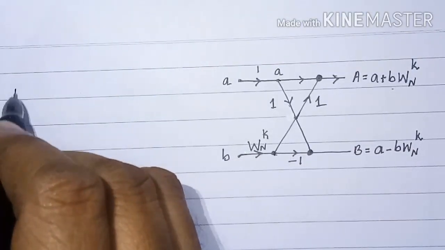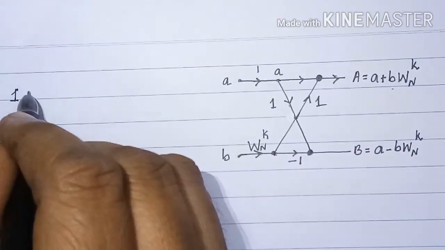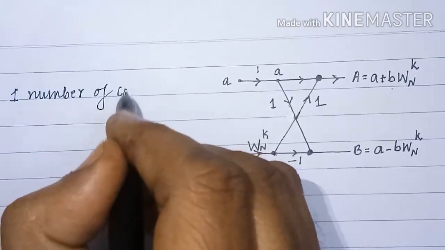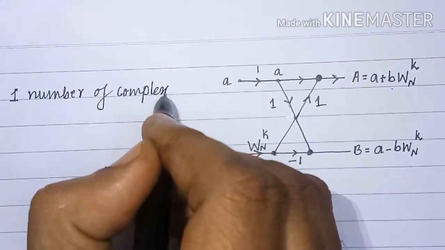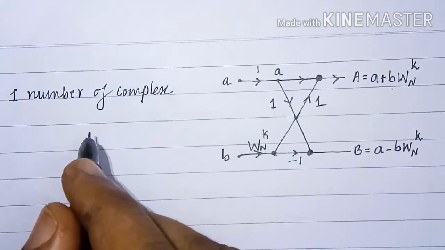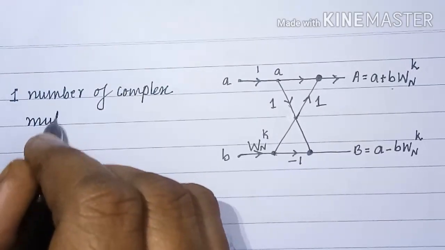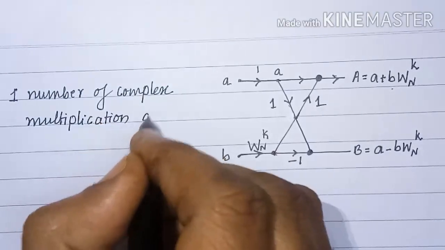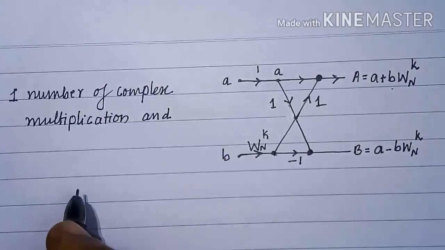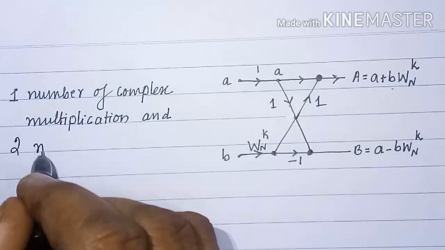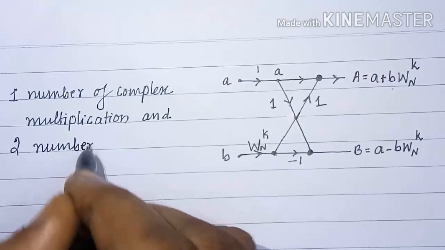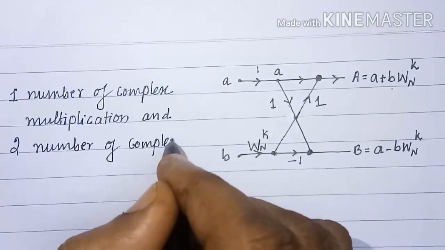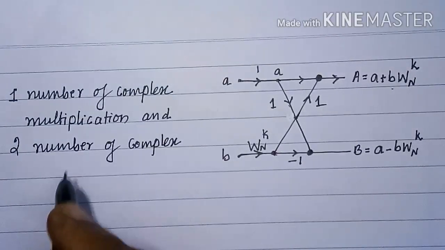So you can write here: one complex multiplication and two complex additions.